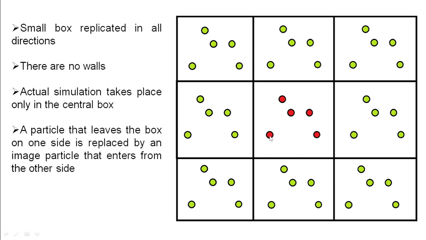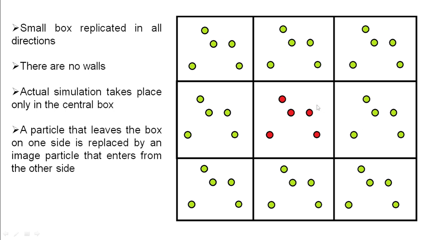And now suppose this particle leaves the simulation box, then a particle from the neighboring box will at the same time enter into the central simulation box. So when a particle leaves the box on one side, it is replaced by an image particle that enters from the other side.